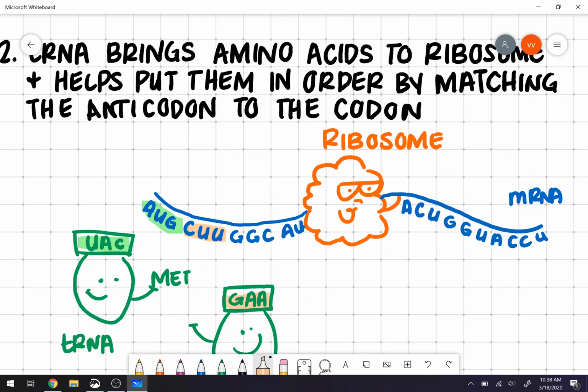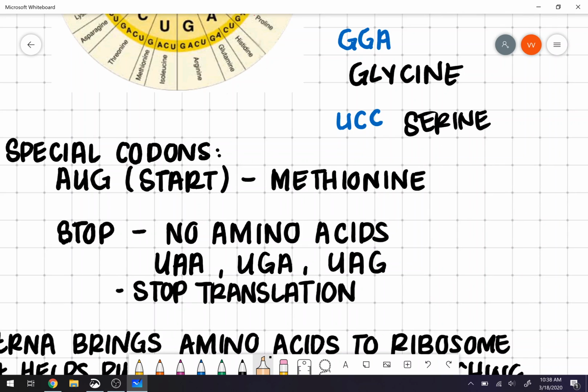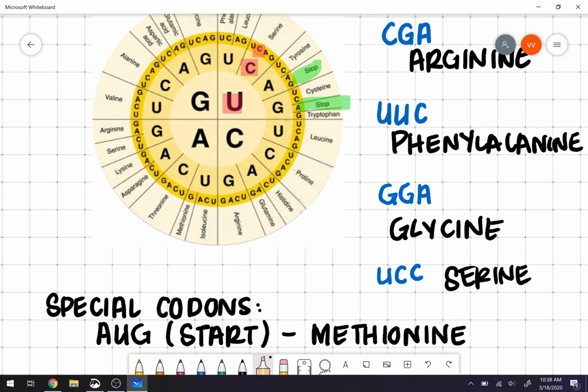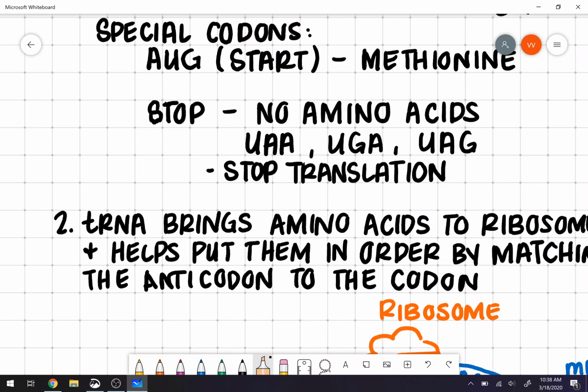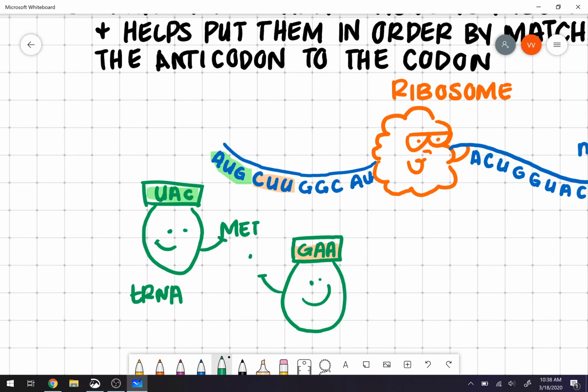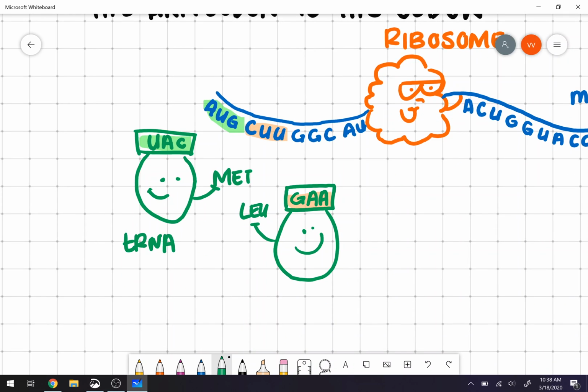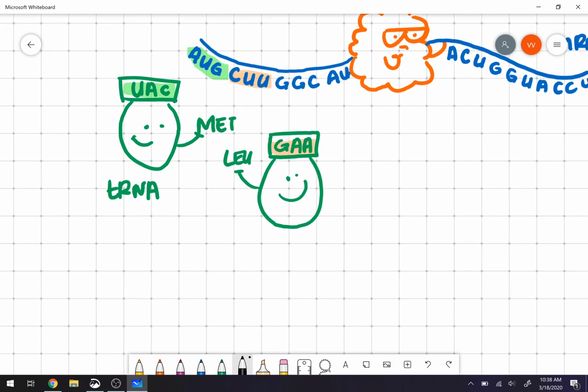And the CUU, if we look at our amino acid chart, is going to be for leucine, okay? Leucine. So these transfer RNAs are going to bring your amino acids over to the ribosome, and it's going to start to put them together, okay? So the ribosome will put these amino acids together.